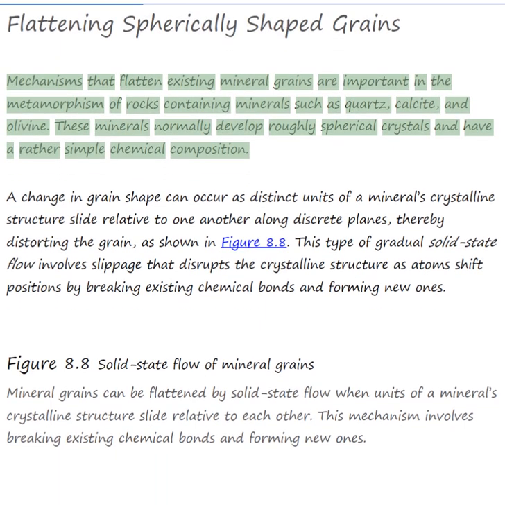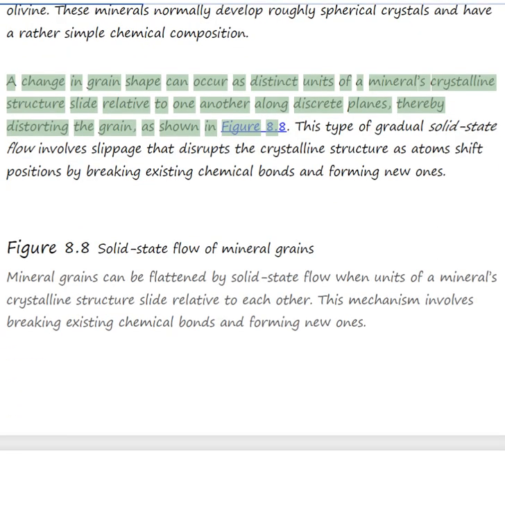Mechanisms that flatten existing mineral grains are important in the metamorphism of rocks containing minerals such as quartz, calcite, and olivine. These minerals normally develop roughly spherical crystals and have a rather simple chemical composition. A change in grain shape can occur as distinct units of a mineral's crystalline structure slide relative to one another along discrete planes, thereby distorting the grain, as shown in Figure 8.8.